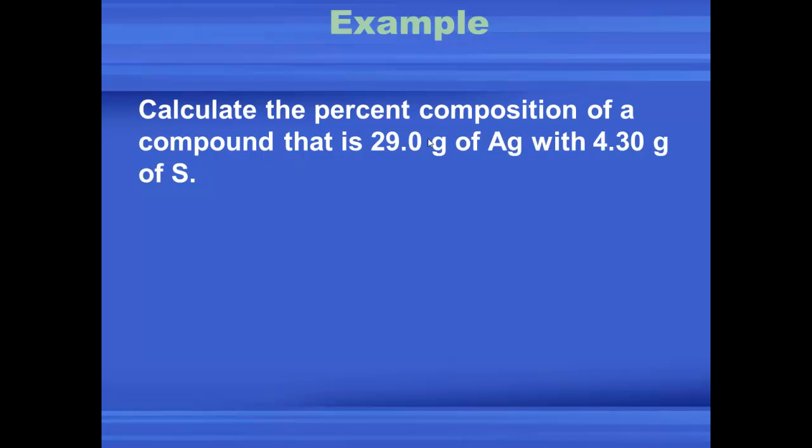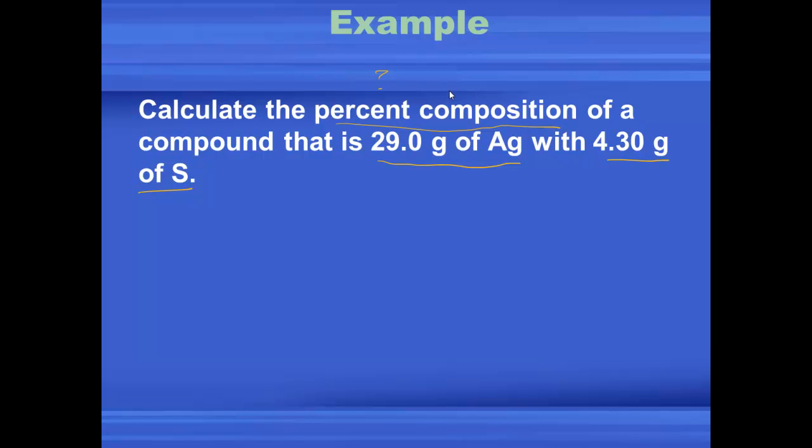Calculate the percent composition of a compound that is 29 grams of silver and 4.30 grams of sulfur. Okay? So we're just given some basic elements to look at this. So you're looking at the percent composition. Now it doesn't specify, okay? It doesn't say if I want the percent silver or percent sulfur. So I assume I have to get the percentage of each thing.